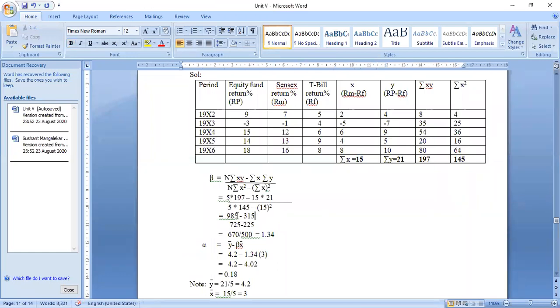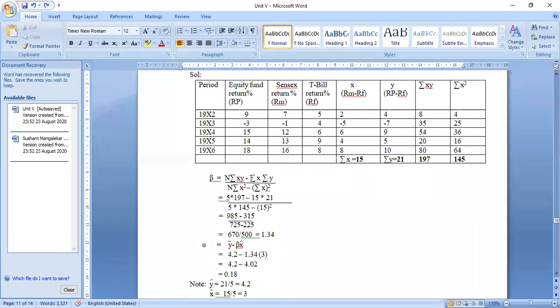197 into 5 is 985. I had taken 15 into 5, but in the formula we do not have n there. Summation x is 15 and summation y is 21, so 15 into 21. Okay, so the value was correct.